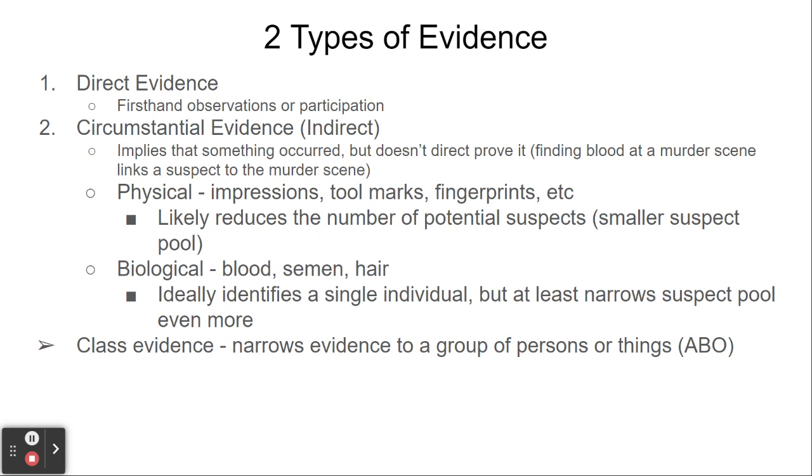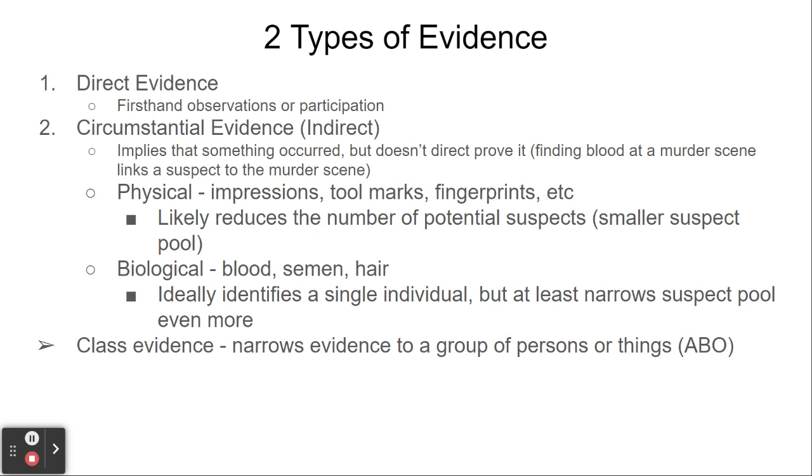Well, just saying, "Hey, we have a suspect's blood," doesn't do us a lot of good. Every human on the planet has blood. What we would then need to do is close that down a little bit and say, okay, maybe we found AB negative blood at the crime scene that does not correspond to the victim. Okay, so AB negative. If you're anything other than AB negative, you would be excluded as a potential suspect. So you can go from a very big pool to a much smaller pool very, very quickly.